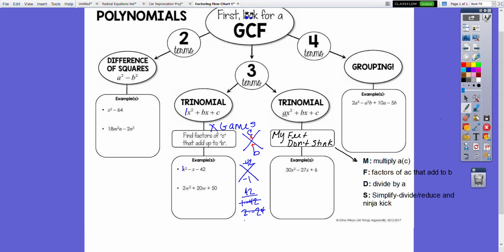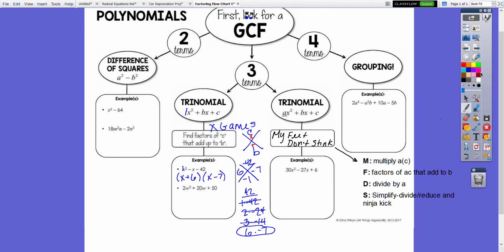That doesn't work. 3 times negative 14, 3 minus 14 is not negative 1. Does 4 go into 42? No. Does 5 go into 42? No. Does 6? Yes. 6 times negative 7. So 6 minus 7 is negative 1. That's what we're looking for. So we have 6 and negative 7. And those factors are what go into our parentheses. Okay, so that's what we used.